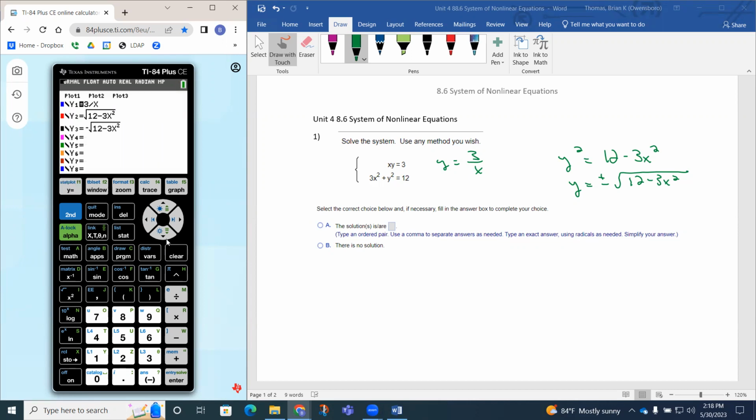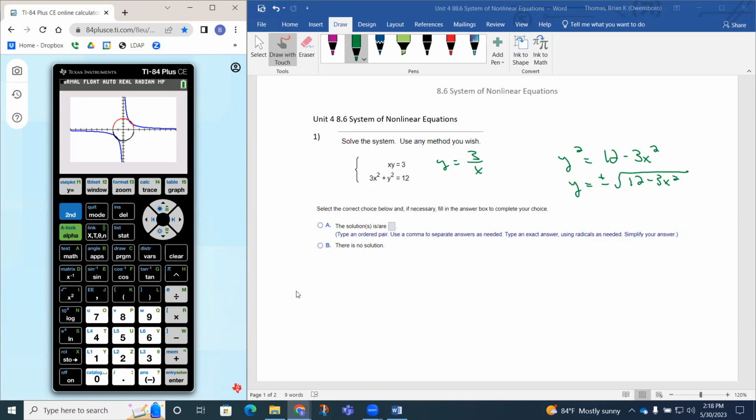If I turn this one on and graph it as well, notice that it creates half of a circle. Then if I turn this one on and graph it, notice that it creates the other half of the circle. So it looks like there are 4 different spots where these intersect.